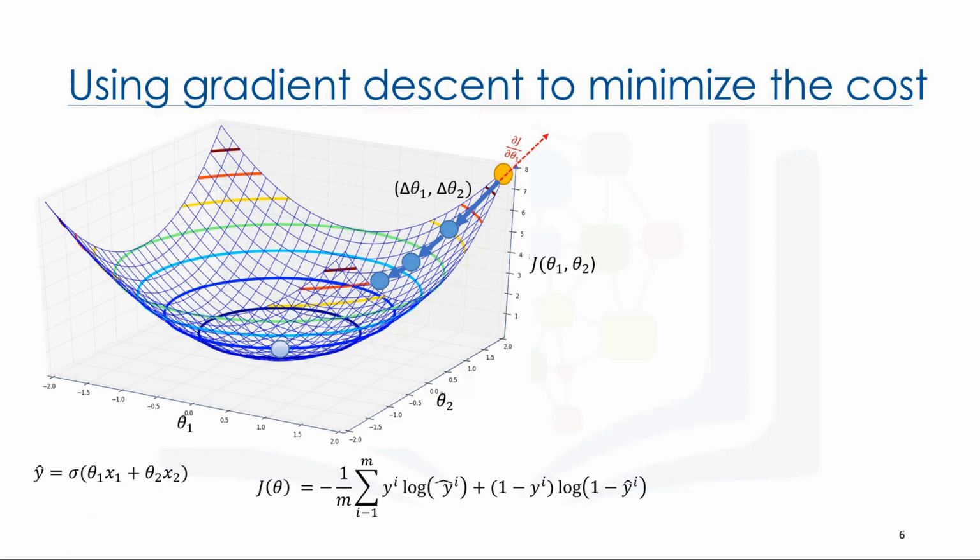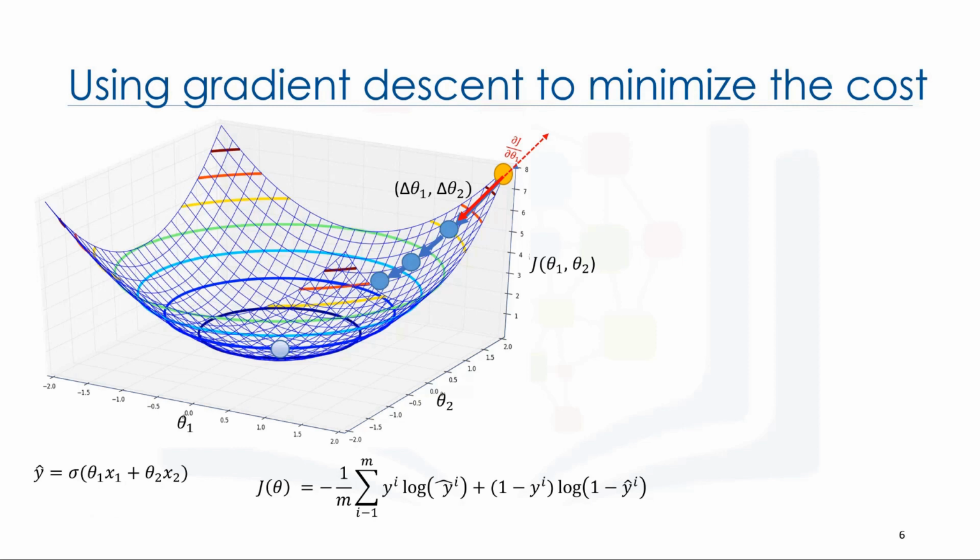For example, if we calculate the derivative of J with respect to theta 1, we find out that it is a positive number. This indicates that the function is increasing as theta 1 increases. So, to decrease J, we should move in the opposite direction. This means to move in the direction of the negative derivative for theta 1, i.e., slope. We have to calculate it for other parameters as well at each step.